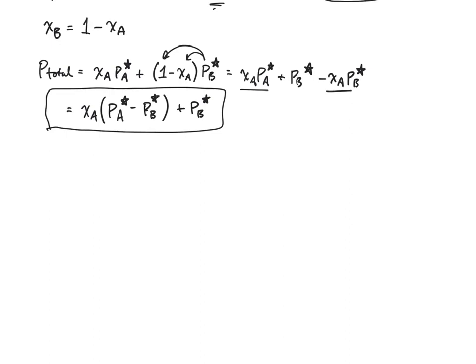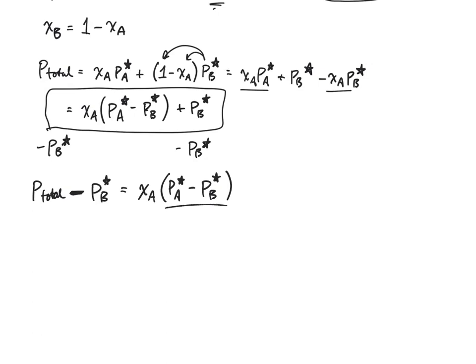Next, I want to get the mole fraction in the liquid phase in terms of all of my pure partial pressures and my total pressure. To do that, I'm going to subtract PB star from both sides, and I'm going to get P total minus PB star, forgot my stars up here too, is equal to mole fraction A times (PA star minus PB star).